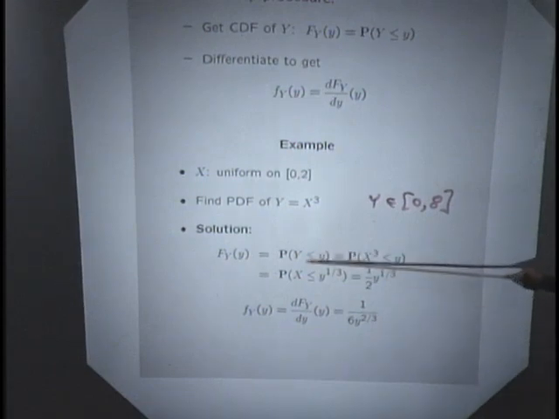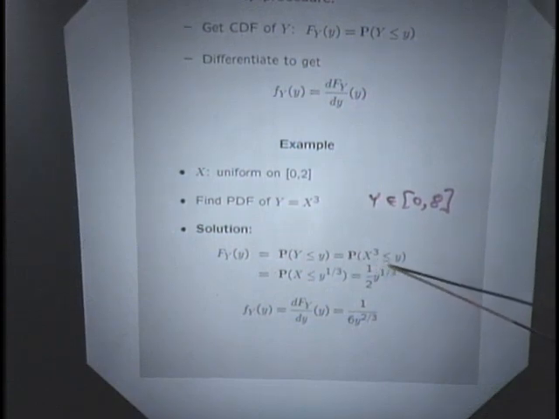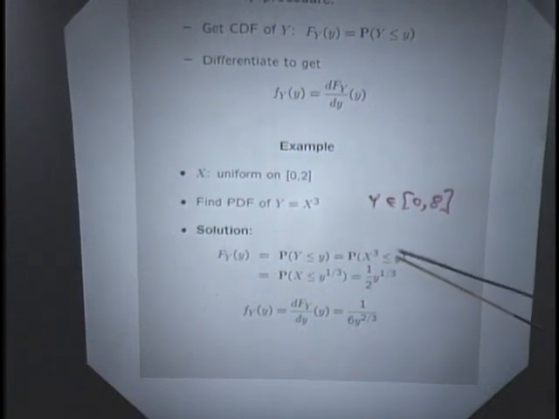So capital Y is x cubed, so this event is the same as that event. So now we can forget about y's. It's just an exercise involving a single random variable with a known distribution, and we want to calculate the probability of some event. So we're looking at this event, x cubed being less than or equal to y.